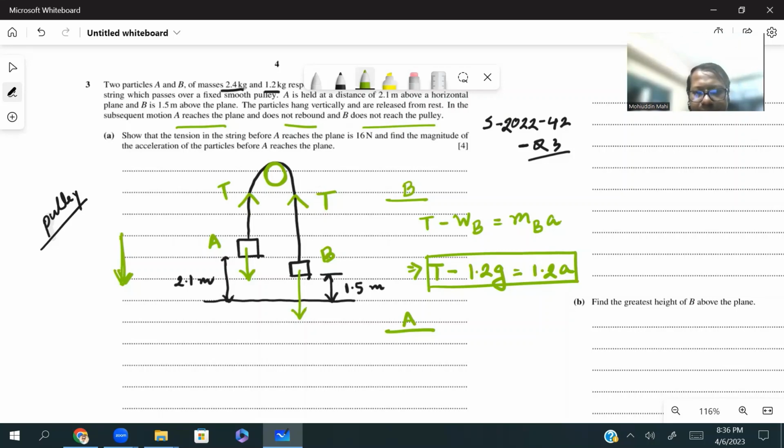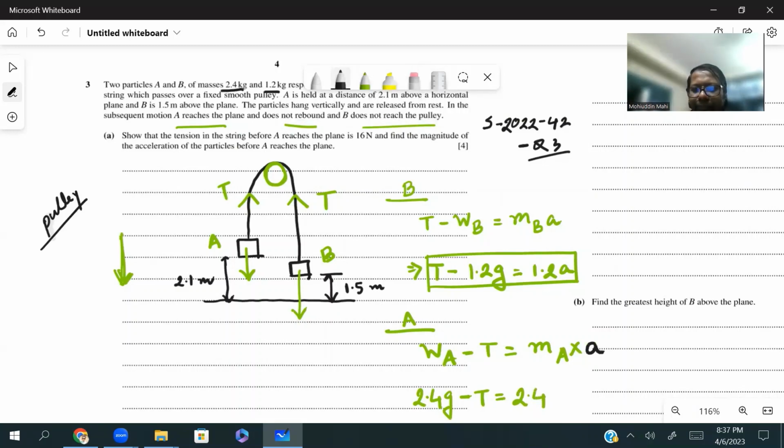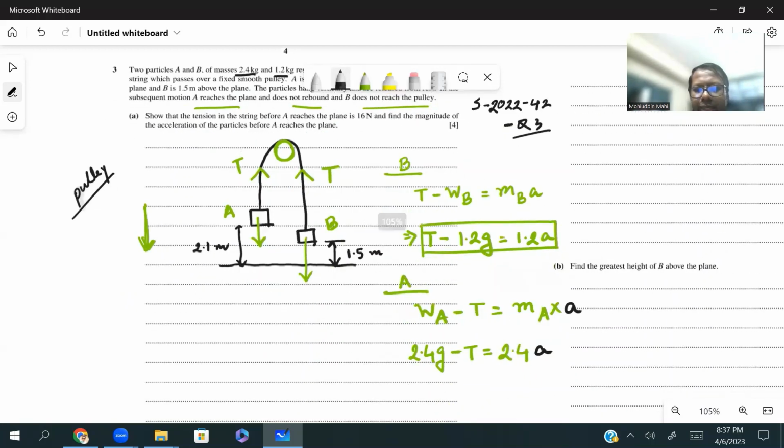So weight of A minus tension equals mass of A times a. So the weight is 2.4 g minus tension equals 2.4, sorry, it's not going to be g, it's going to be a, 2.4 a. So that's the second equation. Now we need to solve them simultaneously to find the value of tension and acceleration.